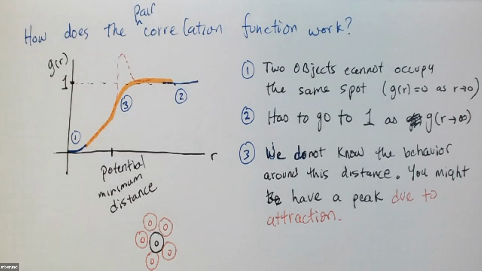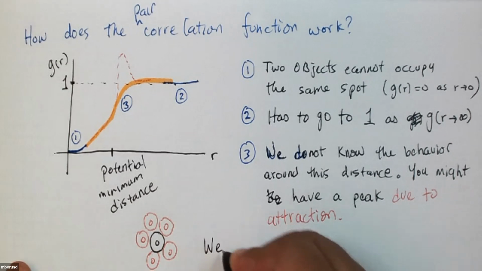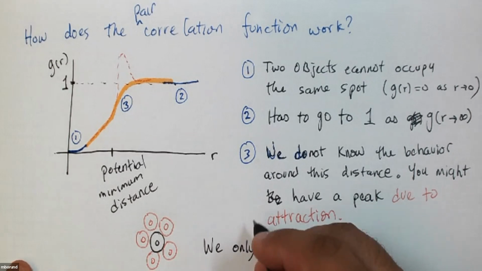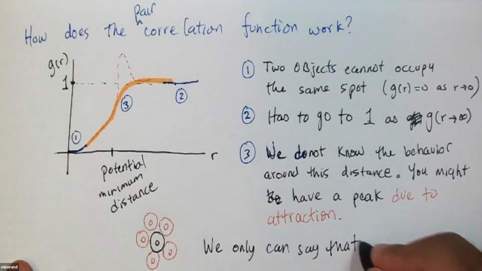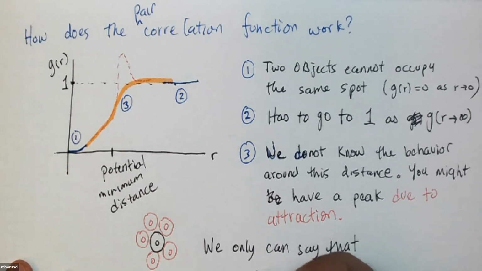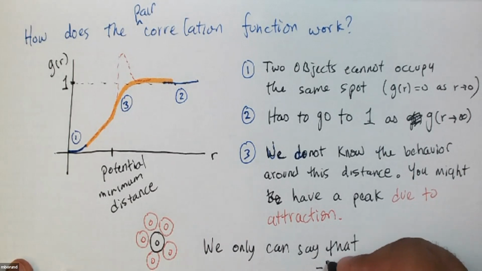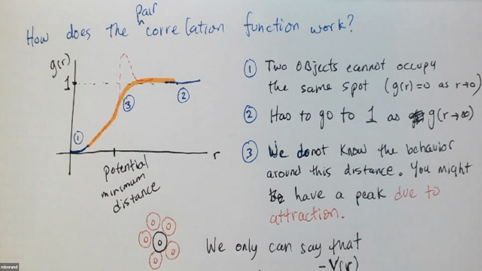So the only thing we know is that this G of R is proportional to the exponential of the potential that you're working with around this area. So when you have a fraction around this area, then you're going to see a peak. And it's just reflecting the potential's behavior.